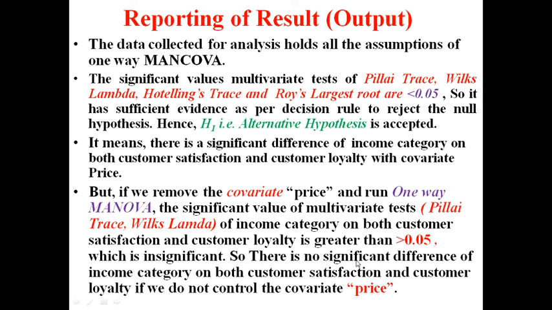So there is no significant difference of income category on both customer satisfaction and customer loyalty if we do not control the covariate price. But if we are controlling the covariate price, then there is a significant effect of income category on both customer satisfaction and customer loyalty.